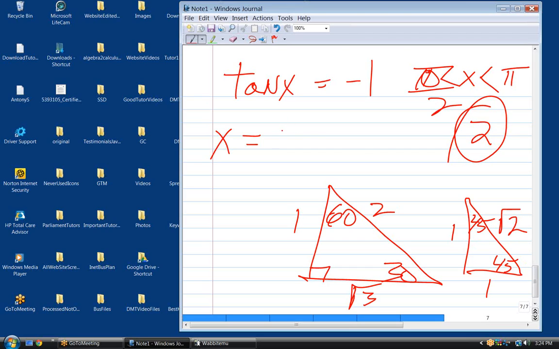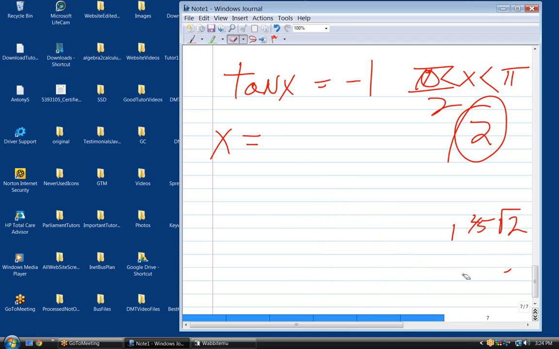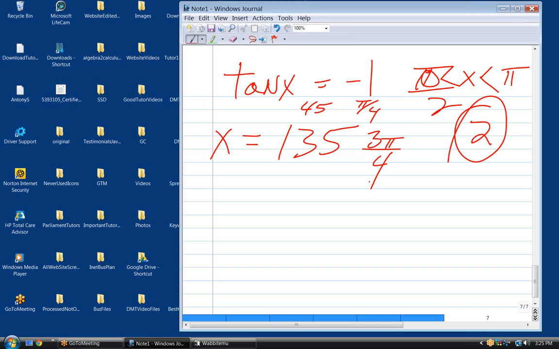So the first quadrant angle would be 45, but we're in the second quadrant, so what's the angle? It's a positive angle, supplementary to that first quadrant angle: 135. The first quadrant angle would have been 45 or pi over 4. This one is 135 or 3 pi over 4. So there's your answer there.